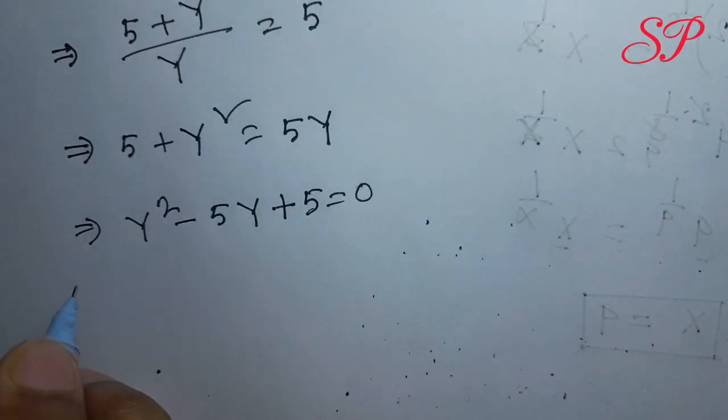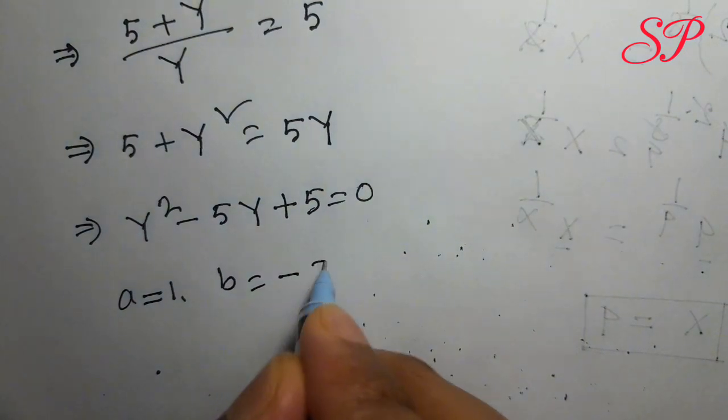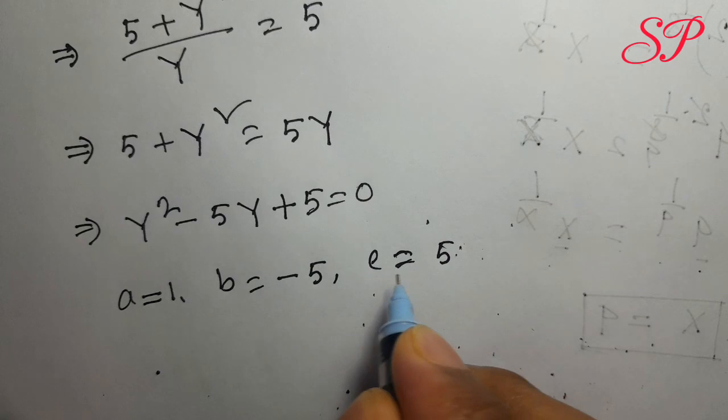Then by the quadratic equation, here a is equal to 1, b is equal to minus 5, and c is equal to 5.